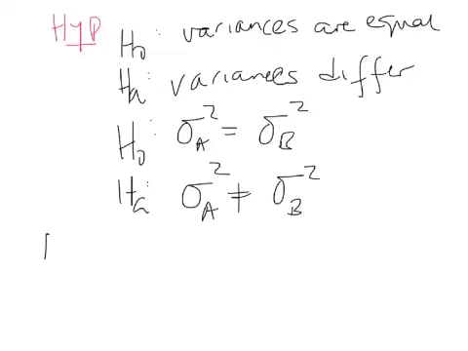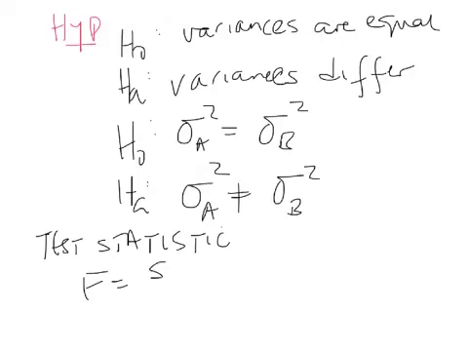Step 2 is the test statistic. The test statistic is F is equal to, and this is where we must look at the sample data. For the sample data, the sample variance for fertilizer A is larger than that of B. So we will put SA squared over SB squared.